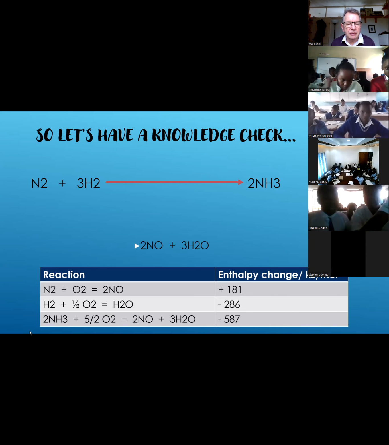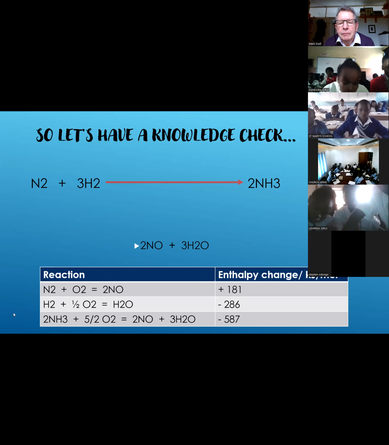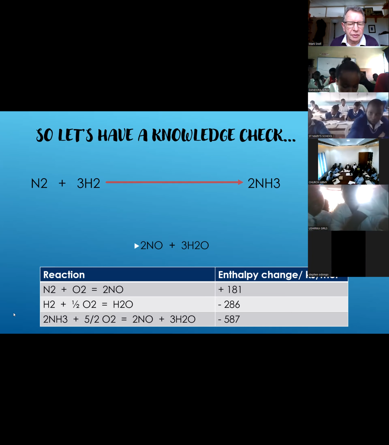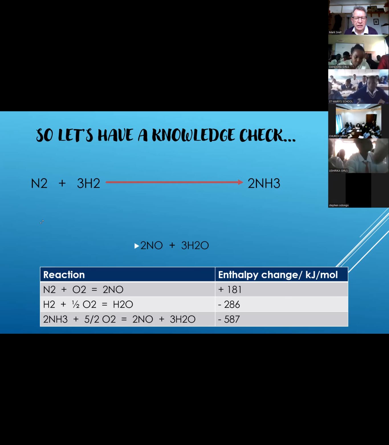It's not easy. You have to understand what is happening here. If you're not quite sure, Kabiro, I will help you in just a minute. Or Wamuini. Some of you are very, very clever, I know. But if you don't know the method, it's not easy.